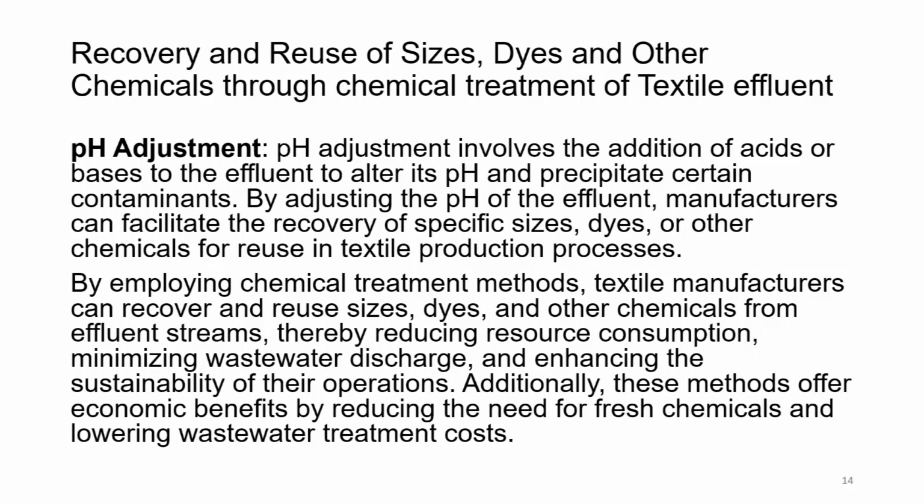In the dye bath there was only 5 gram per liter remaining, and it was further dosed with only 5 gram instead of 10 gram, thereby saving 5 gram of dye, and by redosing with just 5 gram of the dye, it was possible to achieve the same dye depth in the second dye bath. So, that is the kind of economics that it works in terms of less usage of fresh chemical and lowering of wastewater treatment cost.